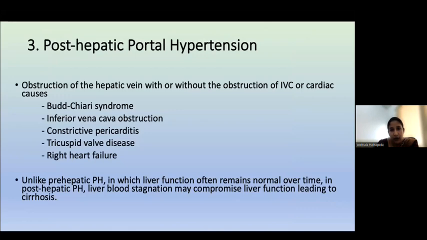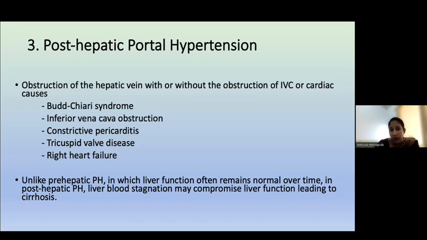Then we are coming to the third category out of the causes of portal hypertension, which is the post-hepatic portal hypertension. So as the name implies, there has to be a resistance or obstruction to blood flow from the liver into the IVC. It could be in the hepatic vein, in the inferior vena cava, or in the right atrium or the right side of the heart.